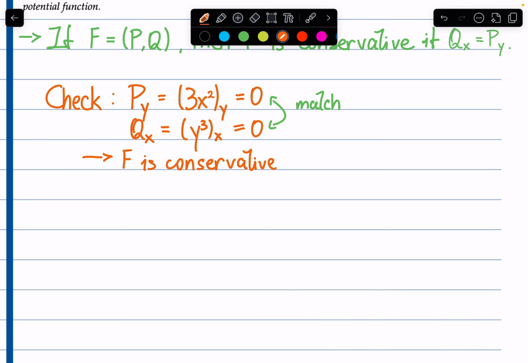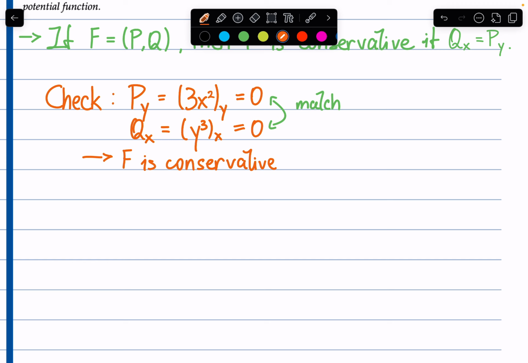Now we would like to determine which is the potential function of f. To do that, we will integrate both components with respect to x and y to see what could be a candidate for a potential function.